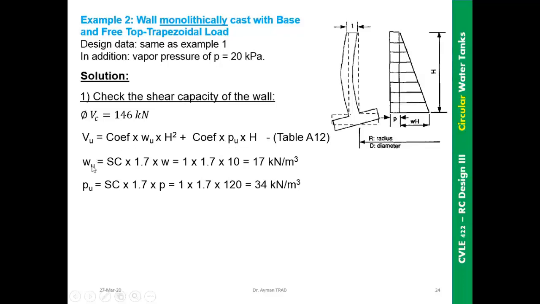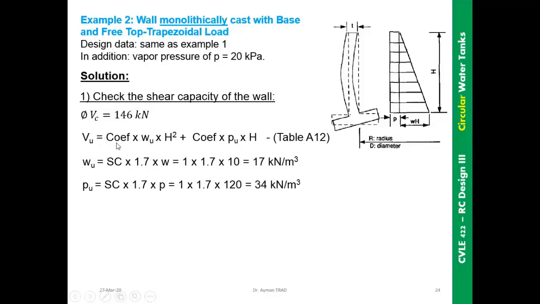So here W ultimate for the liquid part, considering again 1.7 the ponderation factor for a fluid, and symmetry coefficient for shear for wall, so without shear reinforcement, equal to 1. P ultimate again will be multiplied by 1.7 as a fluid, and symmetry coefficient equal to 1.